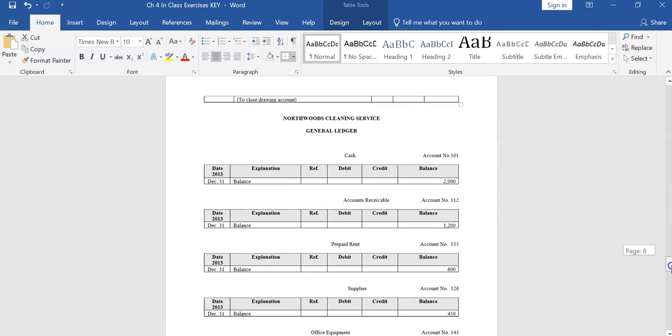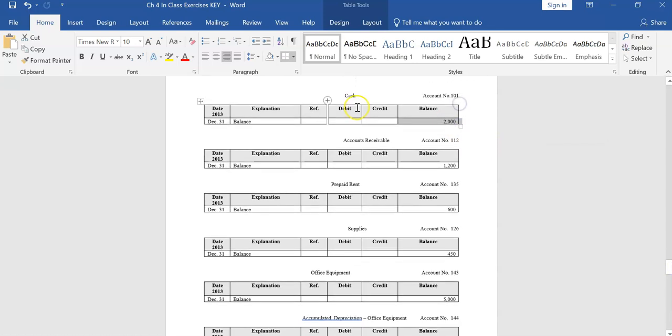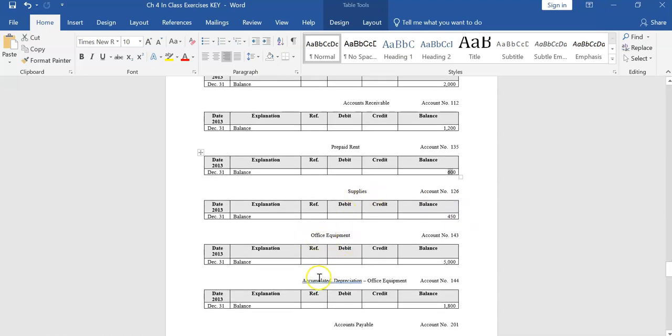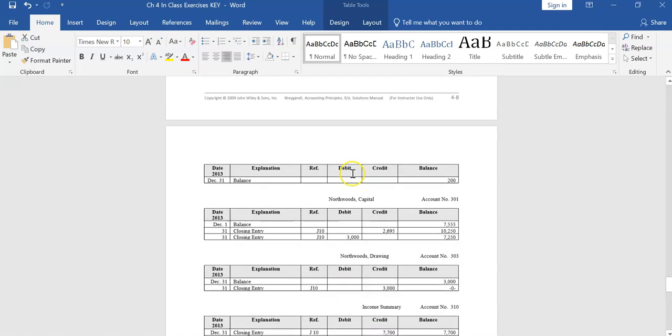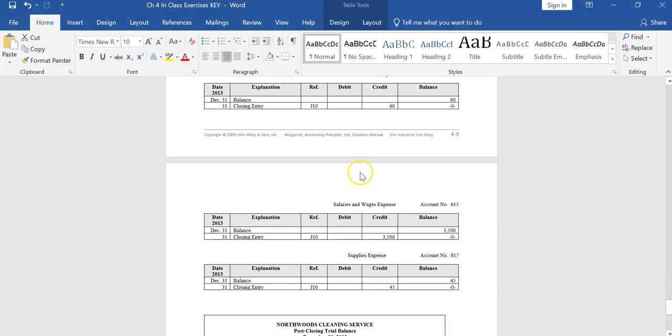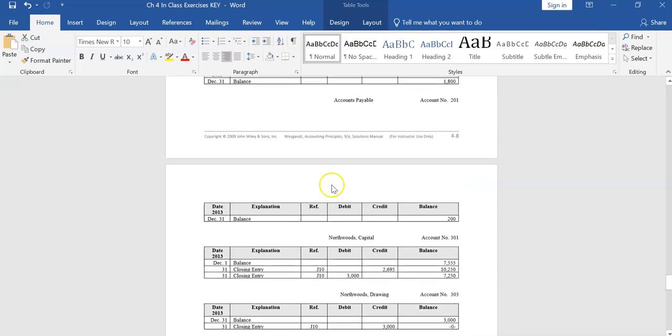So after the closing entries have been posted, the only accounts with balances in them are the asset accounts. Supplies, office equipment, accumulated depreciation. Where did our liability accounts go? They must have put them down below. Nope, didn't have our liability accounts in here.